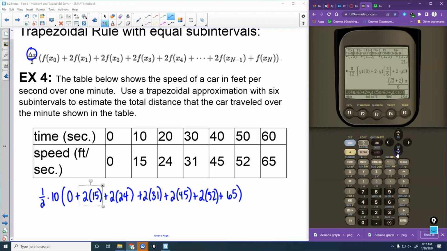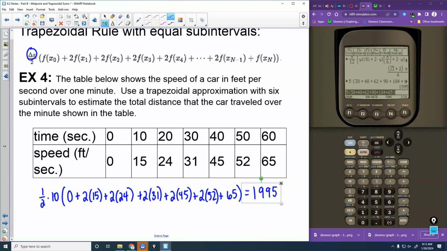So if I do that here, I'm going to have 5 times 30 plus 48 plus 62 plus 90 plus 104 plus 65 there, and I should get 1,995.